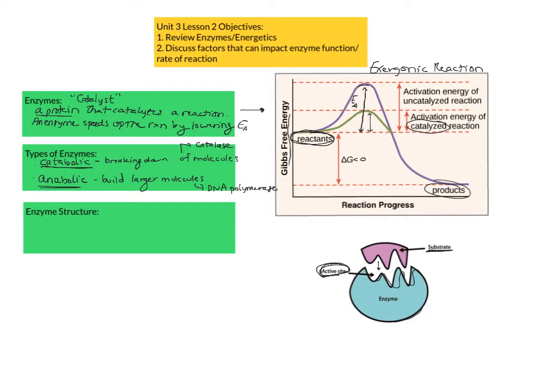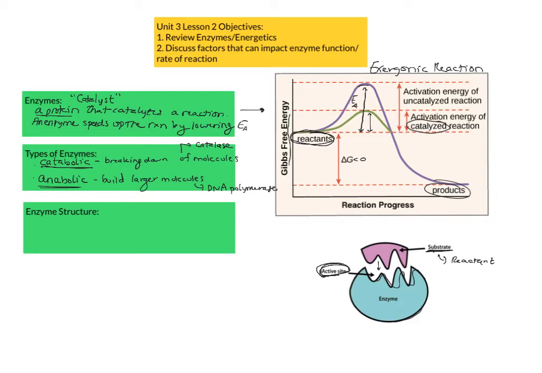That substrate is typically a reactant from the reaction that this enzyme is catalyzing. And when that substrate binds, the reaction can occur with a lower amount of activation energy. So that's the major structural component: we have the active site and it binds to a substrate.